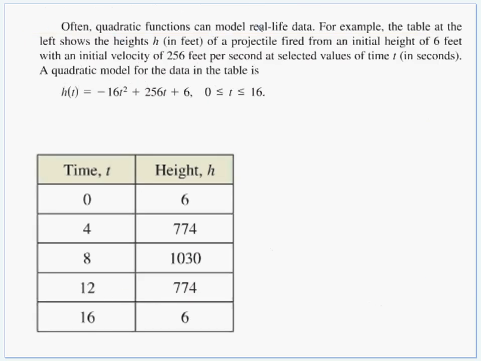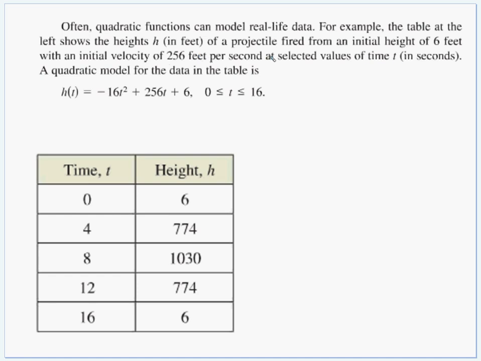Often quadratic functions can model real-life data. For example, the table below shows the height in feet of a projectile fired from an initial height of 6 feet with an initial velocity. Let's say you're tall enough that your arm is about 6 feet off the ground, and you're going to throw a ball at 256 feet per second.